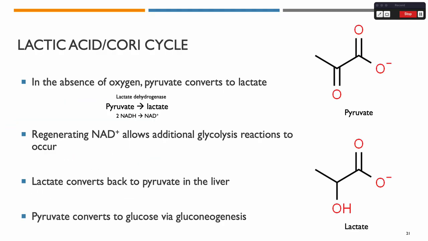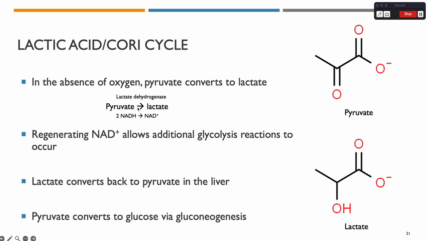So lactic acid, pyruvate will be converted into lactate, which eventually will convert into lactic acid, and we can talk about the Cori cycle at the same time. In the absence of oxygen, pyruvate converts to lactate through lactate dehydrogenase, as you can see, and you're going to take 2 NADHs and make 2 NADs, basically giving hydrogens over to this lactate, which you can see coming over here.